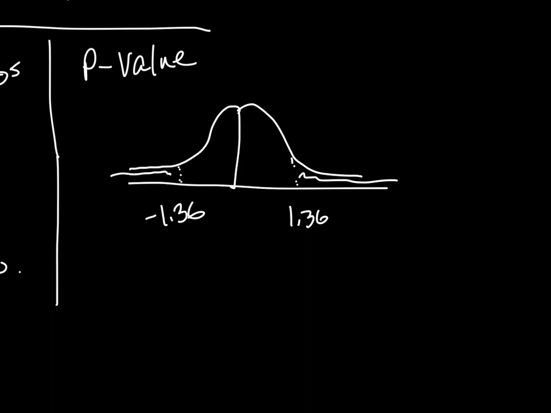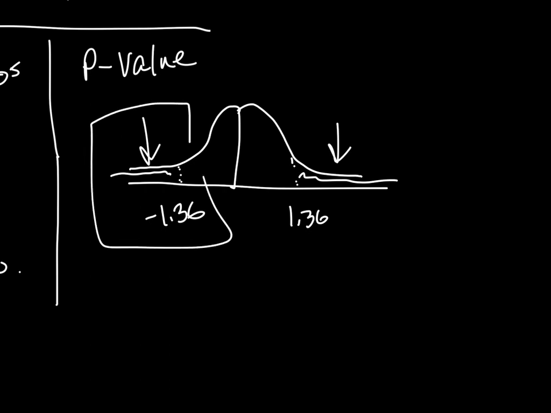Now, really, both of these areas are going to be the same. The curve is symmetric, right? So really, if I just find one of them, say I find this one over here, I can just multiply it by 2. That'd give me the whole area? No. If I do the first one, it's going to give me this left tail area. If I multiply it by 2, it'll give me that left tail area plus this right tail area. So it'll be everything except what's in between.